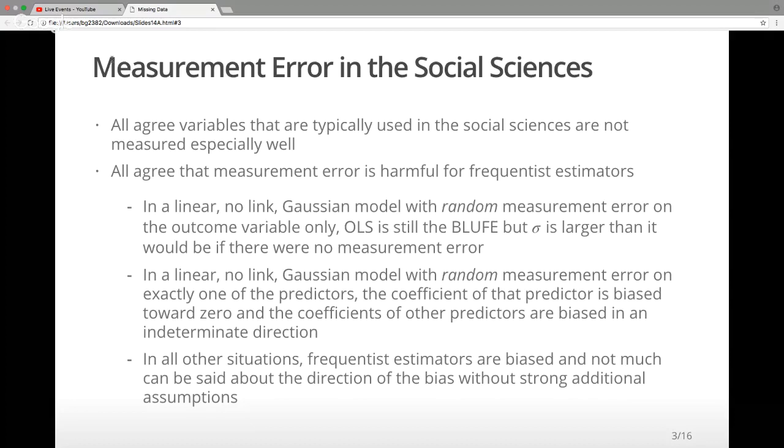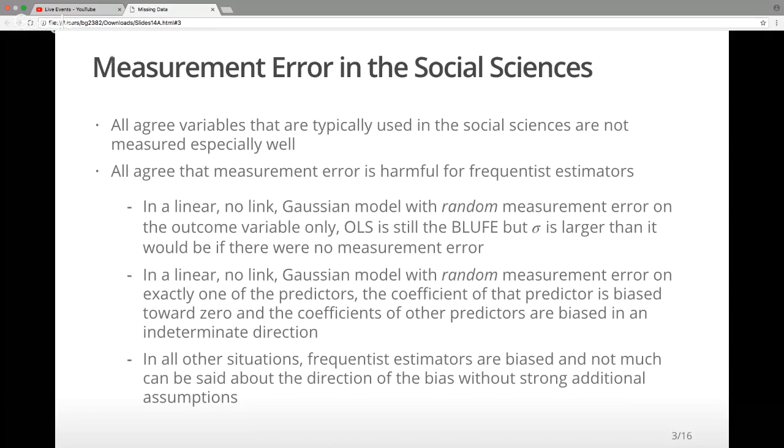So these both pertain to linear no-link Gaussian models, random measurement error, and random measurement error only affecting one variable, whether that's the outcome variable or one of the predictors. In literally every other situation involving measurement error, whether it's a non-Gaussian model, you have measurement error but it's not random, or you have measurement error on multiple variables simultaneously, we know that frequentist estimators are going to be biased, but we can't really say how much, can't really say what the direction of the bias is.